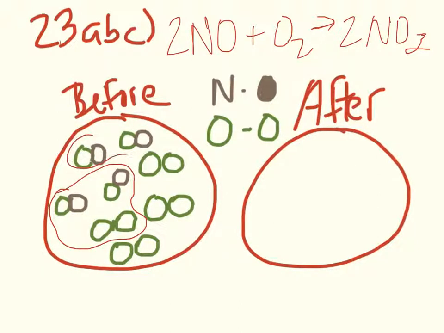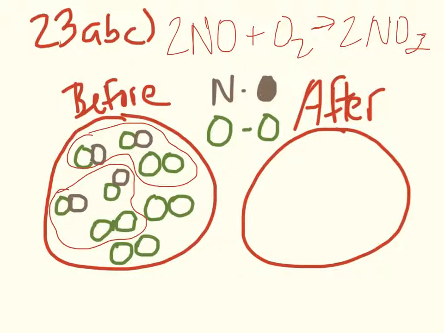Then I can do that again, but I am now out of nitrogen monoxide. What I then need to do is draw all those over here. For each one of these bubbles, I get 2 nitrogen dioxides.